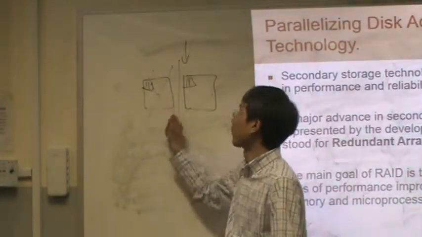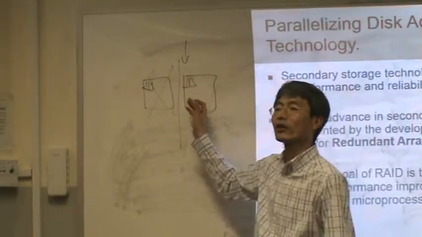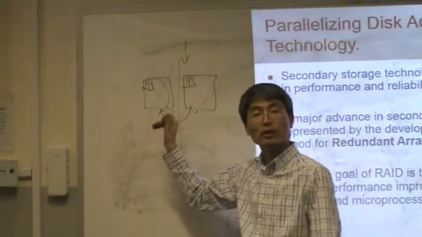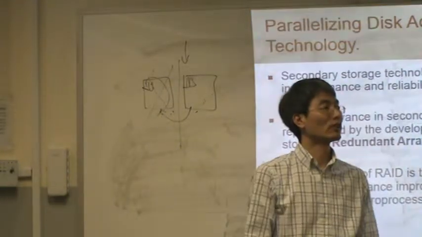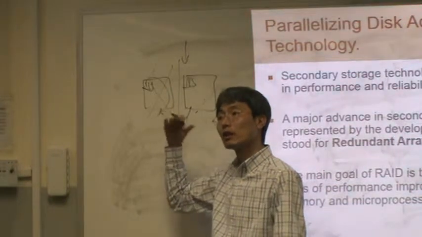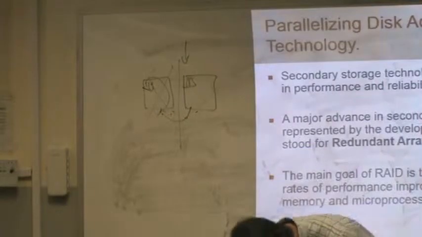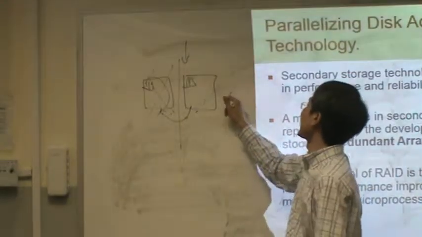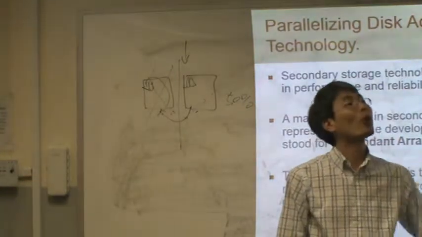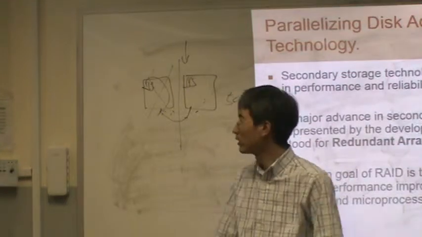What if one of them crashes, like a scratch? Here you have another, so you have time to recover and restore using this one also. You don't have to stop your business. Okay, that is mirroring. That's good for reliability. Problem? Only 50% utilization. It was a big issue long ago when hard disk drives were expensive.